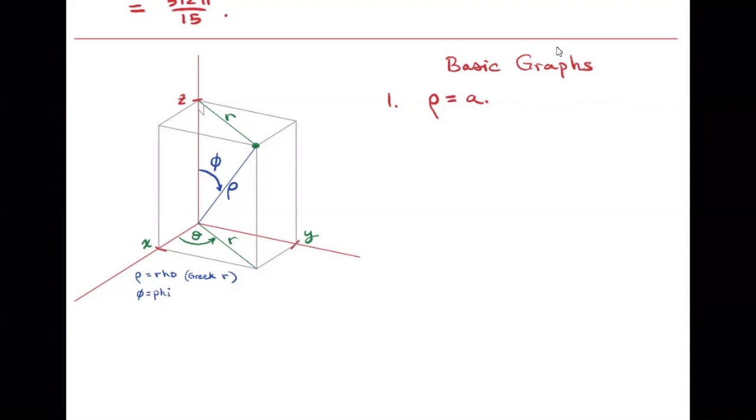Exactly right. So this is a sphere of radius a. Of course, that's why it's called spherical coordinates, because one of the basic graphs is a sphere. And it's centered at the origin.